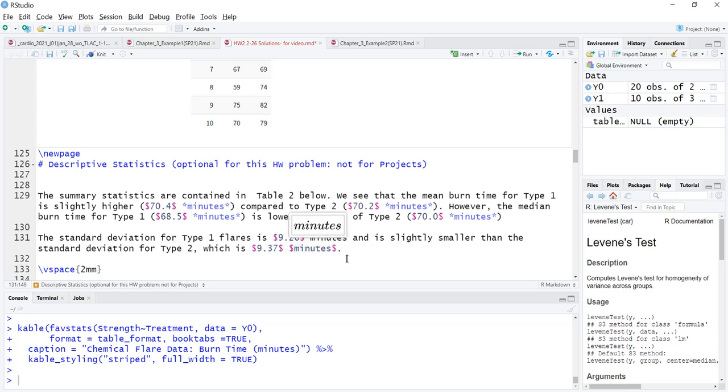So now I see that instead of putting these, I just put the dollar signs so they're in the same font here.